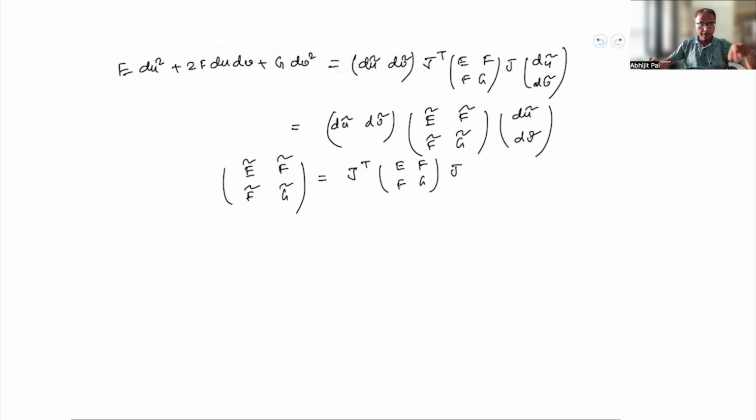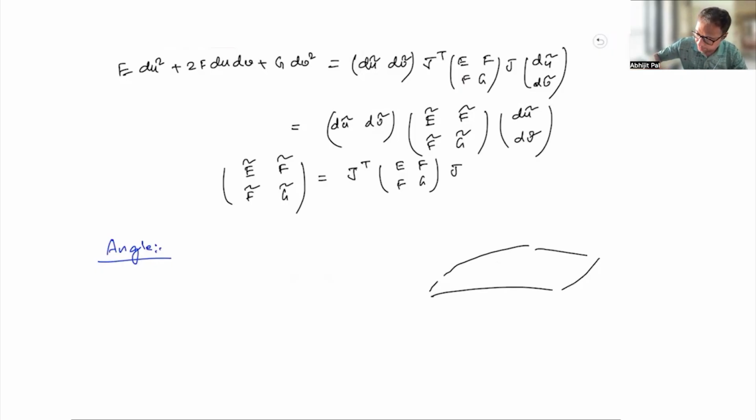Now, my next goal is to define angle. So how do you define angle? Let us take a regular surface and a point P, and let us take the tangent plane here.